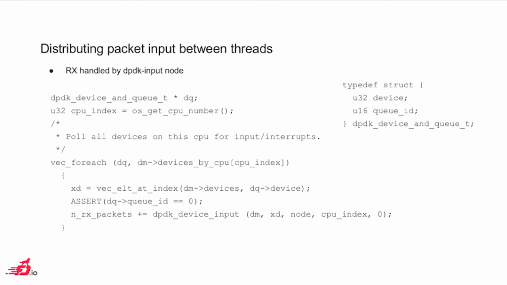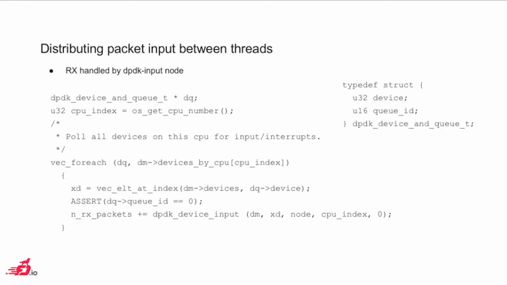If you're using RSS, QID can be 0, 1, 2, 3. In other words, by modifying this array of vectors, whose size is equal to the number of worker threads, you're saying which worker thread will pick which input device and which queue.